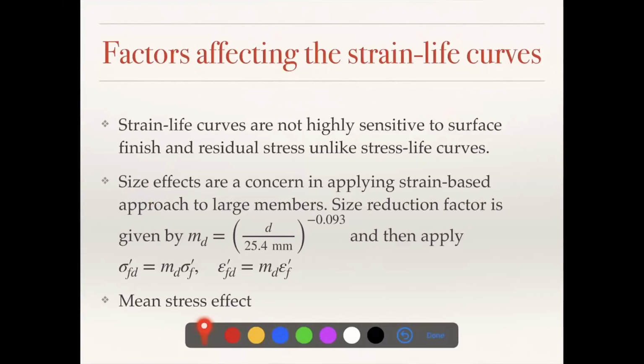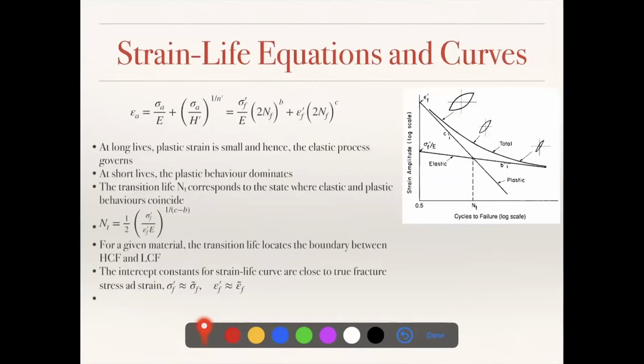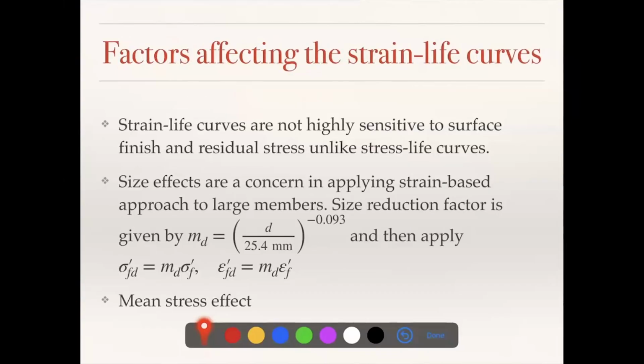The epsilon f dash we are using should be corrected with a size factor MD depending upon the value of D, so that sigma FD dash equals MD sigma f dash, and epsilon FD dash equals MD epsilon f dash. That means the sigma f dash and epsilon f dash shown in these equations should be modified when there is a change in size.